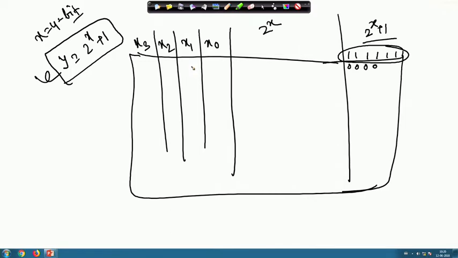Whenever we designed this 2 to the power x plus 1, we saw that there is a change in only two particular positions, and the rest of the positions remain the same. As I am adding only 1 at the LSB position, it affects the LSB bit of 2 to the power x and the corresponding bit adjacent to the LSB, that means next to the LSB. Why? Because the carry affects that bit, and then why does it not traverse to the MSB side?